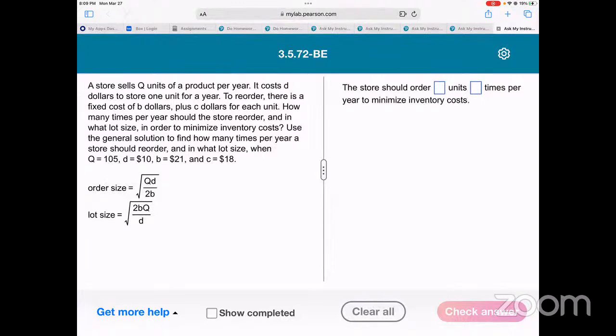How many times per year should the store reorder and in what lot size? So the order size and the lot size. If that's an expression for the order size and that's an expression for the lot size, D dollars to store 1 unit for a year. How many times per year should the store reorder?